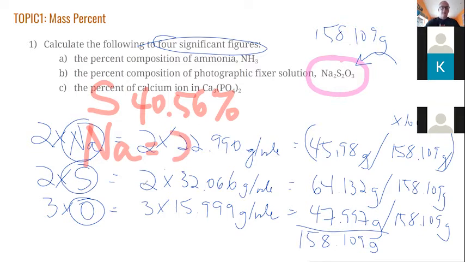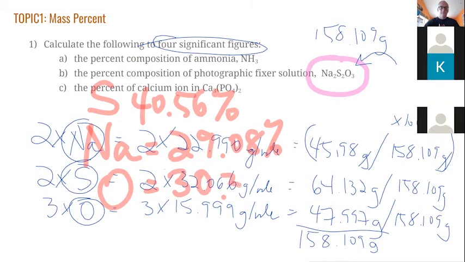29.08%. And then whatever we have left will be oxygen. So what's our oxygen? .36% or 35.